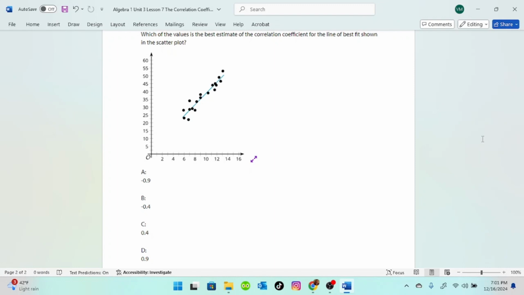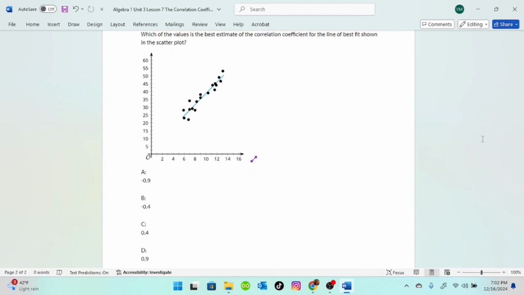So our last practice problem for lesson 7: which of the values is the best estimate of the correlation coefficient for the line of best fit shown in the scatter plot?